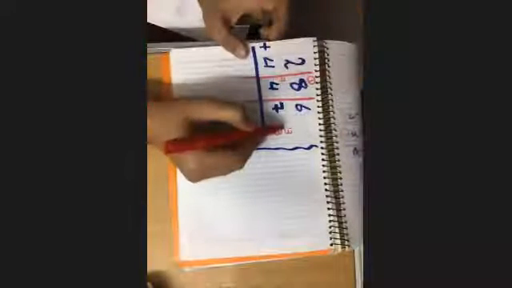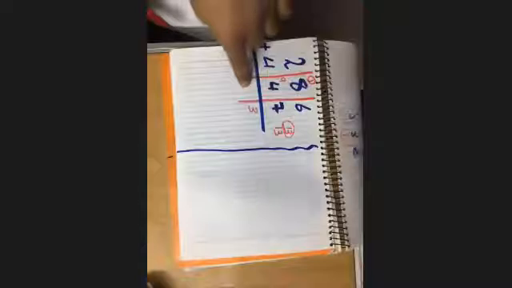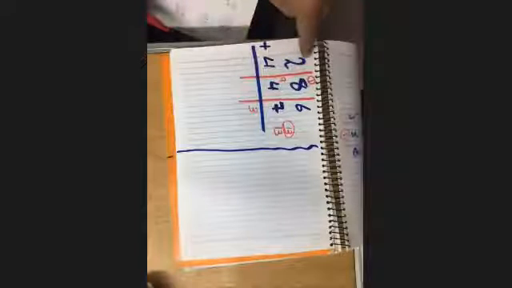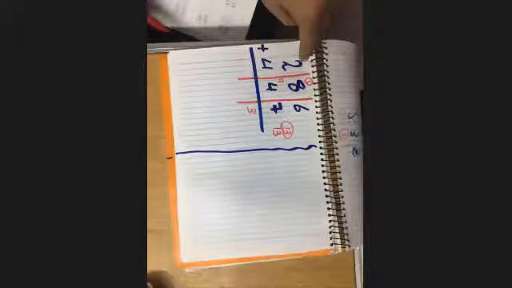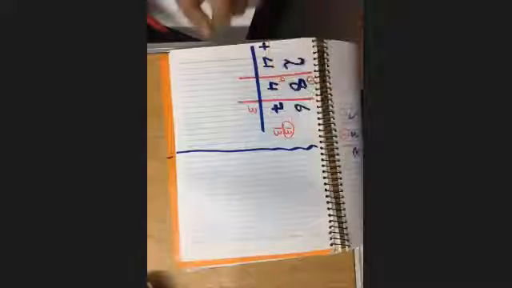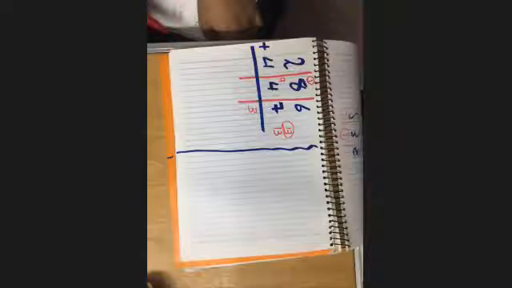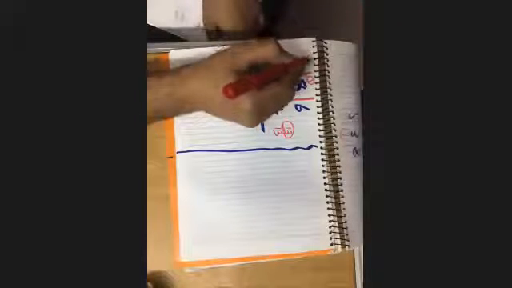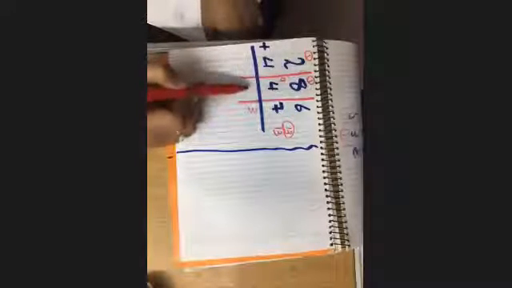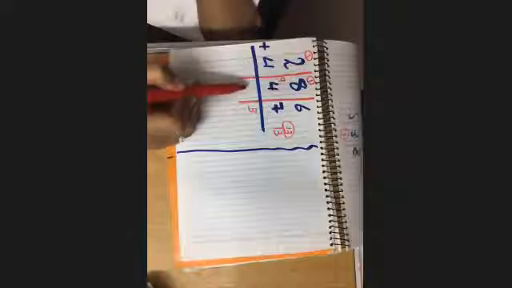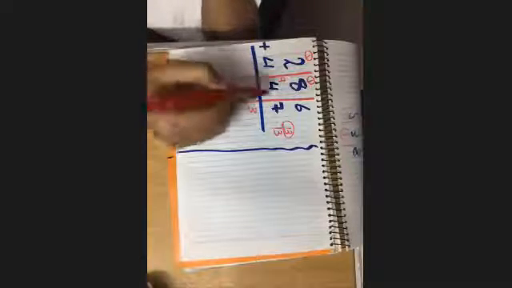I have here 13. We have to put the 1 up again, carry 1. And which number will we write here? 3. Okay, now all of this is finished.